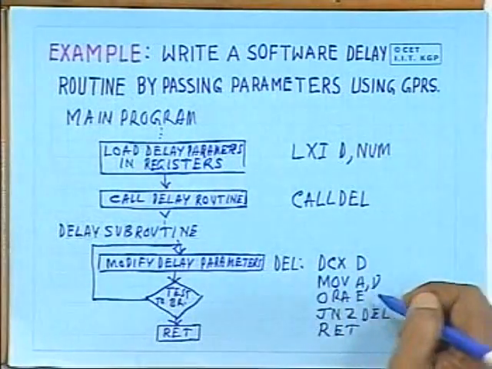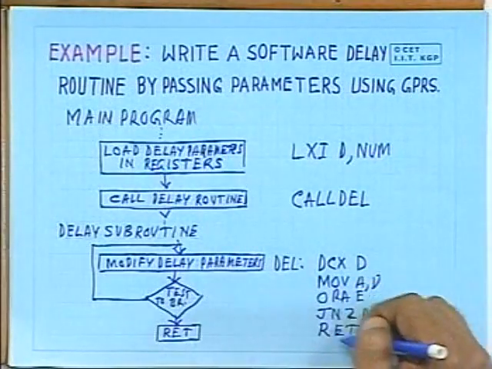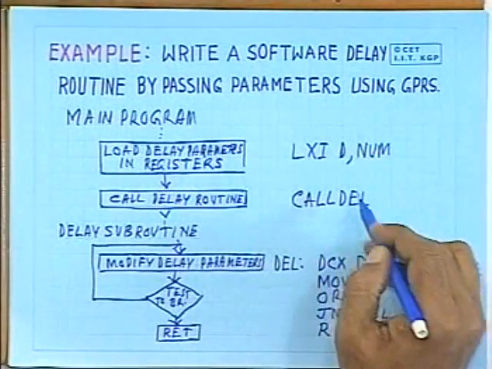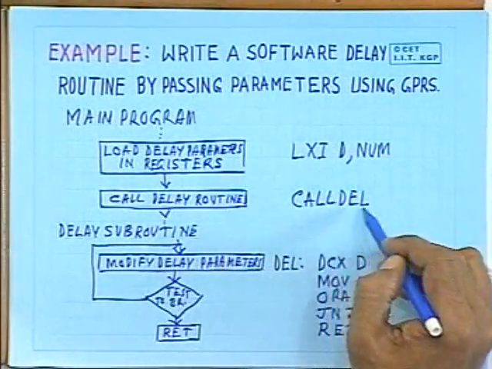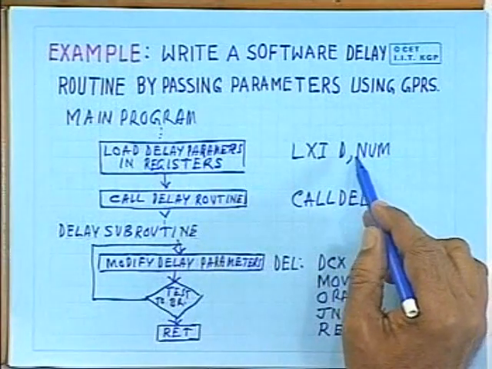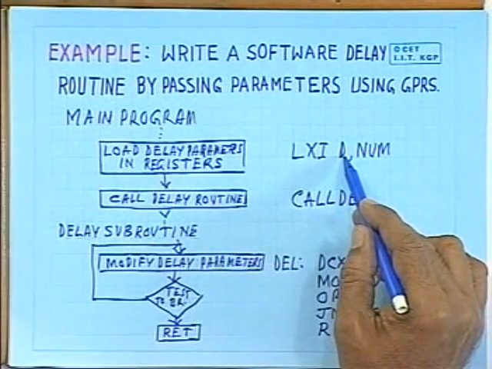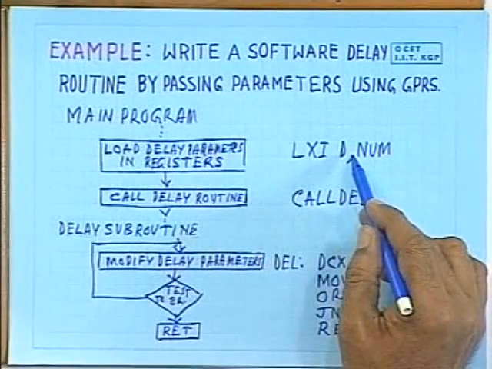So here is a simple delay subroutine I have written, and you can call it from a main program, and as you can see here the delay parameter is passed by using a register pair.